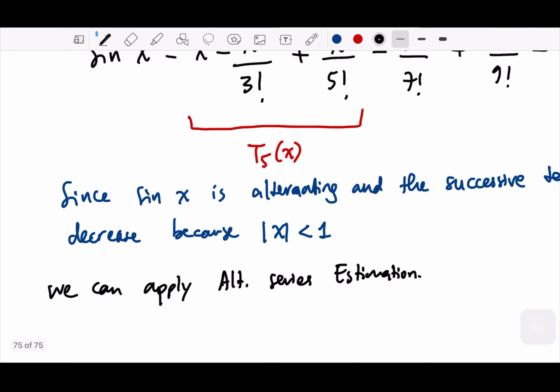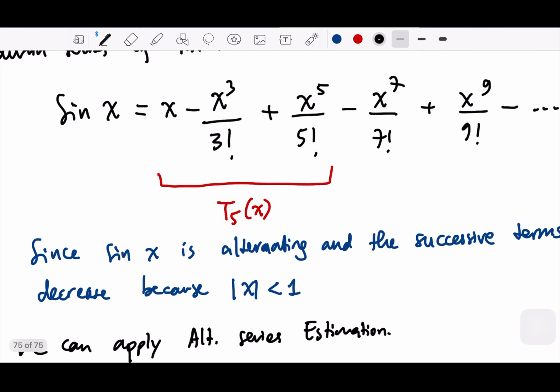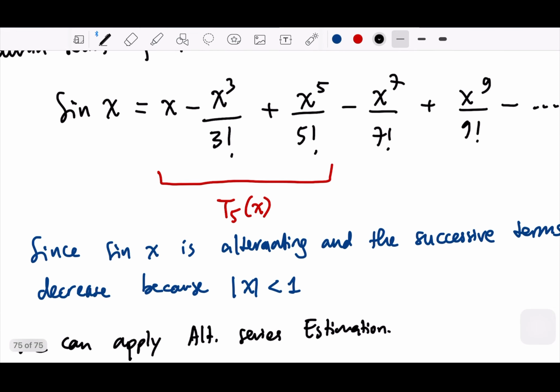So what is alternating series estimation? If we are going to approximate with P5, our error will be the next term. Okay? That should be easy enough to apply.